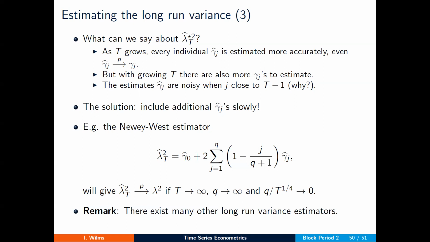That is why you should only gradually introduce more autocovariances. And the so-called Newey West estimator, for instance, does that. It cuts off the autocovariances at a certain lag Q. Note that there exist other long-run variance estimators as well, but this Newey West one is a very popular one.